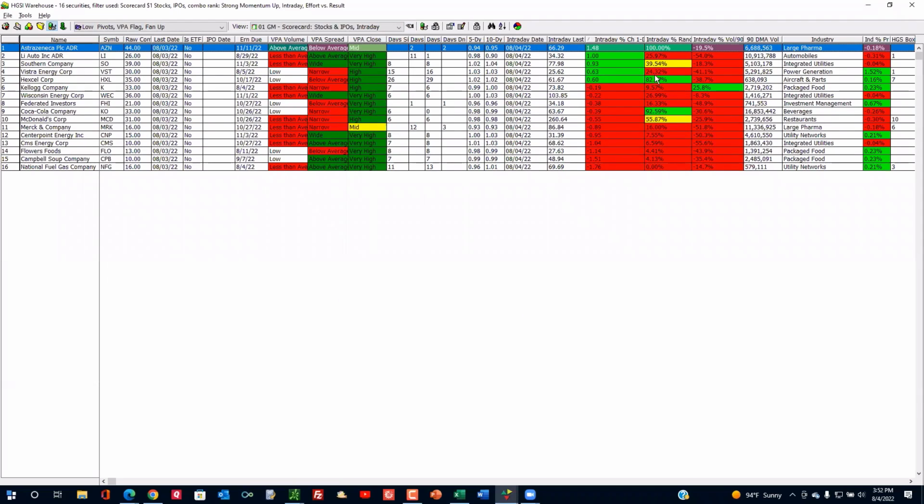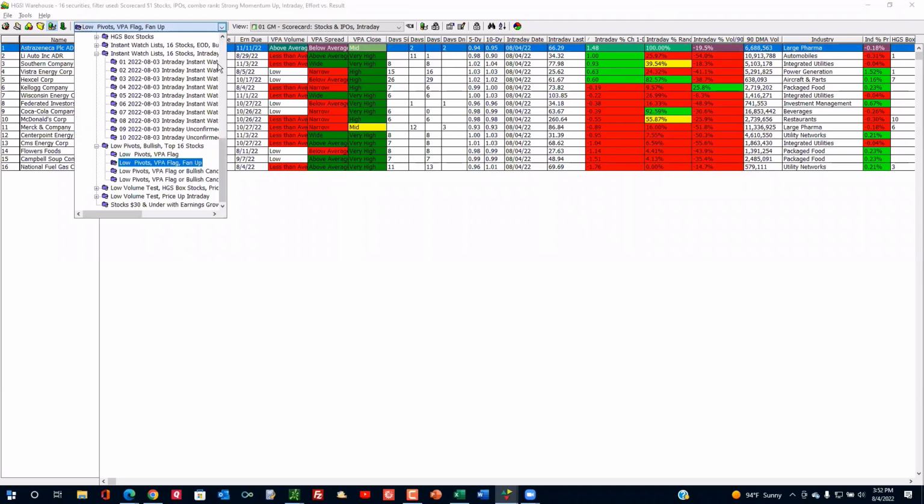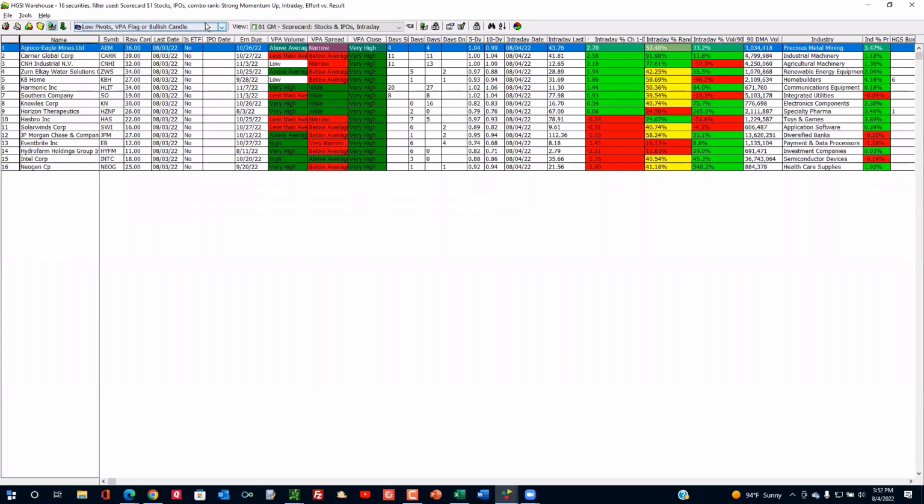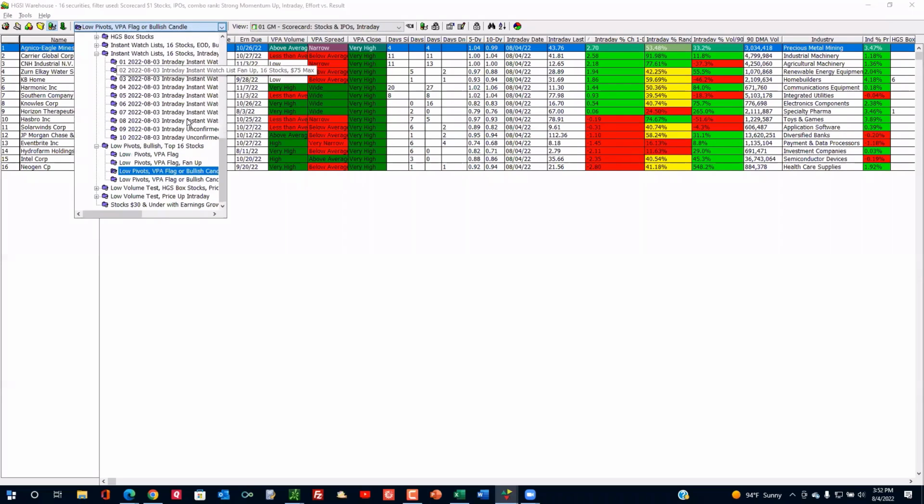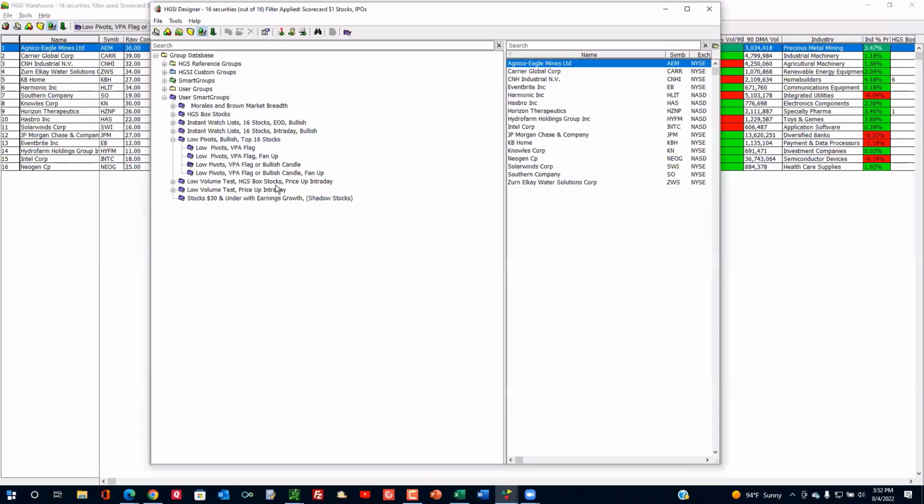So these other low pivots, look at the range. I wouldn't spend a lot of time looking at that. Now this one has a bullish candle or a VPA flag. Let's go back here. Fan up, low pivot, VPA flag, or bullish candle. One or the other.